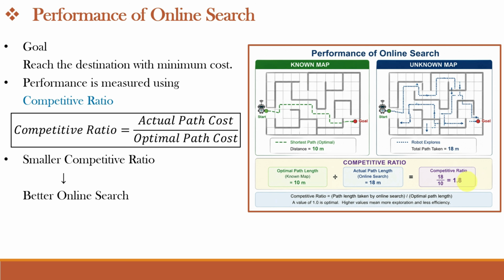The closer this value is to 1, the better the algorithm. A value of 1 means the online algorithm found the optimal path. And of course, a larger value means extra traveling due to lack of knowledge. So the competitive ratio measures how efficiently the online agent performs compared to an ideal agent that already knows the environment.